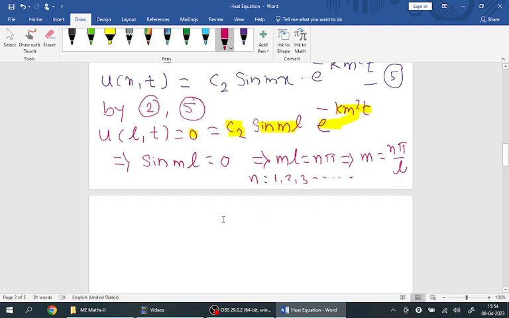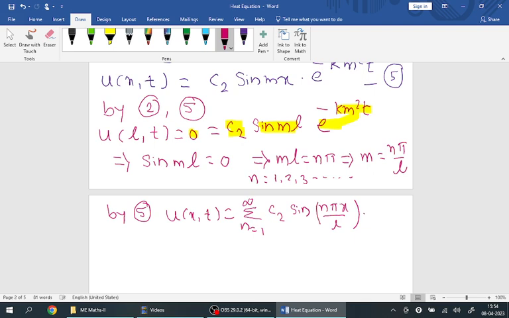So by equation 5, u of x,t is equal to, now remember that many values are there, so we take summation n varies from 1 to infinity, c2 sine n pi x by l into e raised to minus k n square pi square t upon l square.